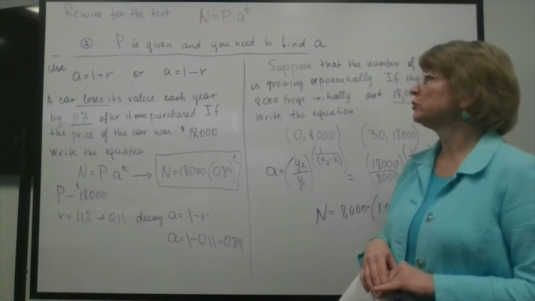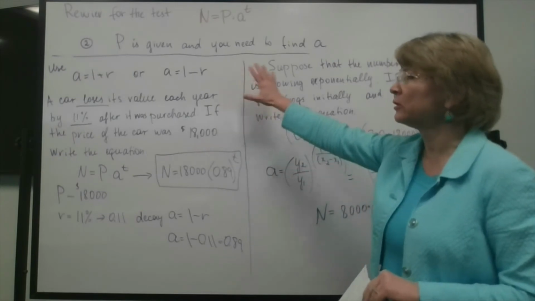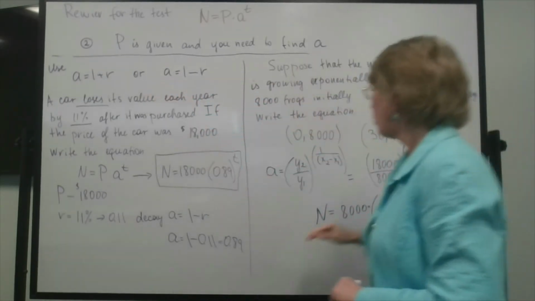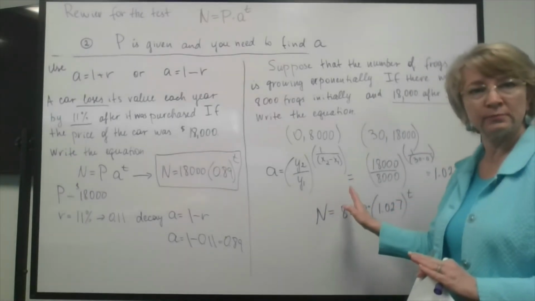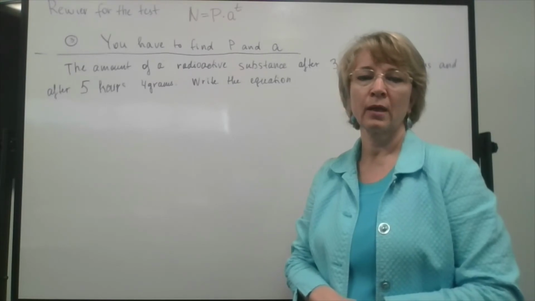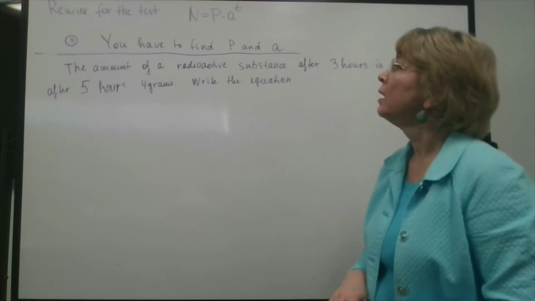And again I want to emphasize, to find a factor there are two ways: using one of these formulas or using this formula. Nothing else, just two ways. Okay, let's review the last example.